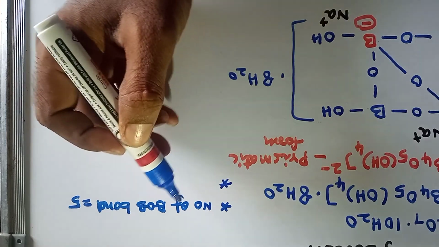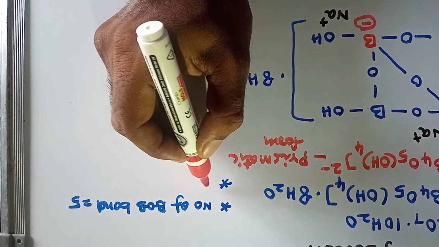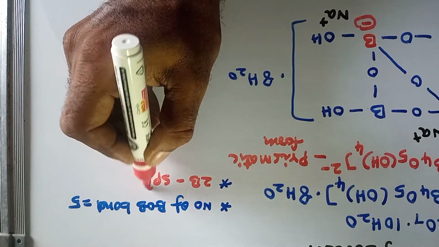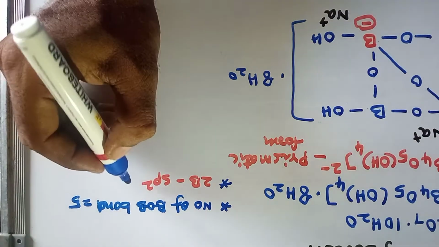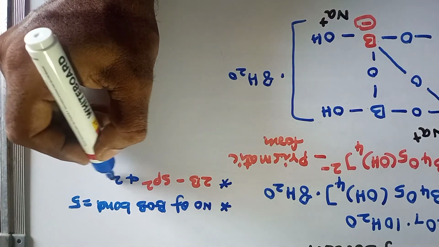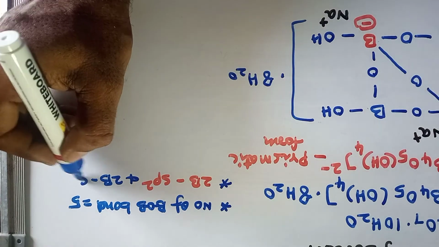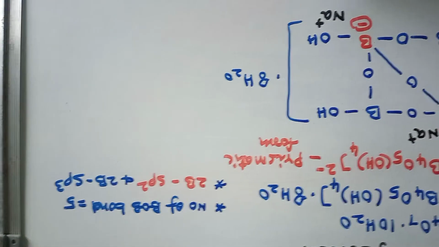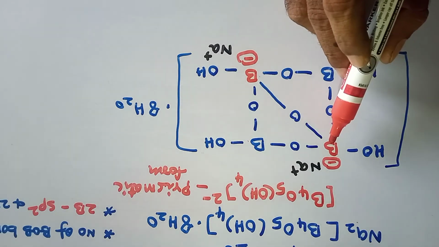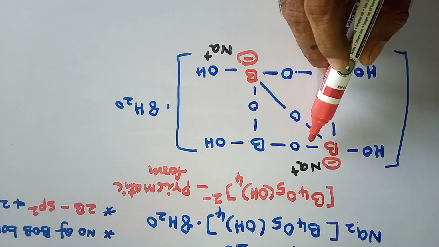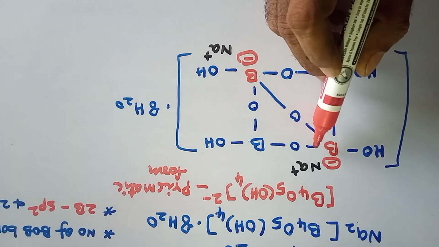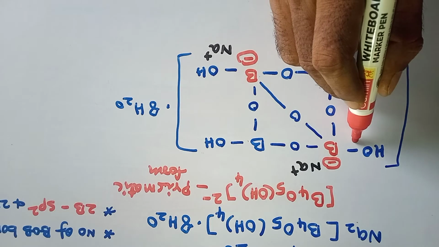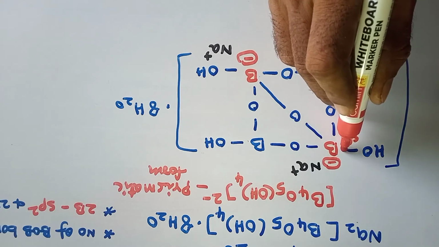Here in borax, 2 borons have sp2 hybridization and another 2 borons have sp3 hybridization.